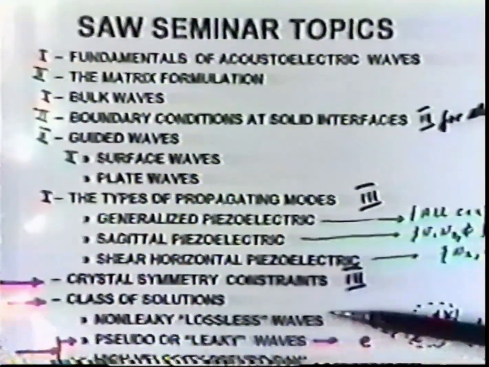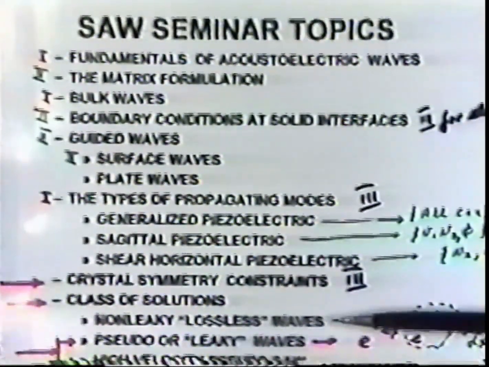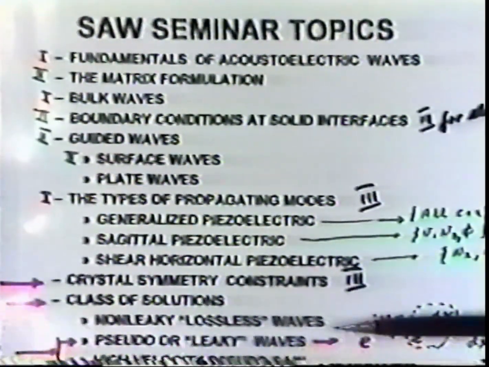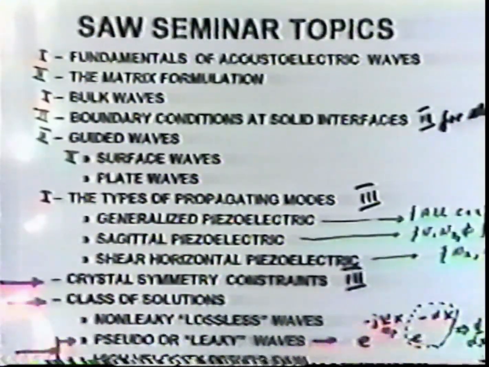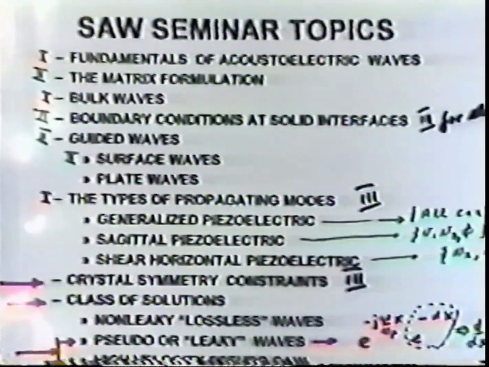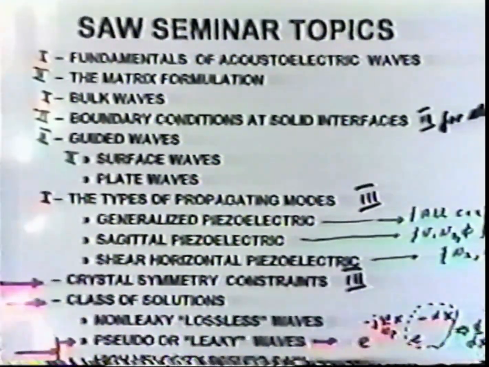The class of solutions we looked at really up till now has been the non-leaky lossless waves. Today I'm going to spend some time on the pseudo or leaky waves, and we'll introduce the idea of the high velocity pseudo surface wave.